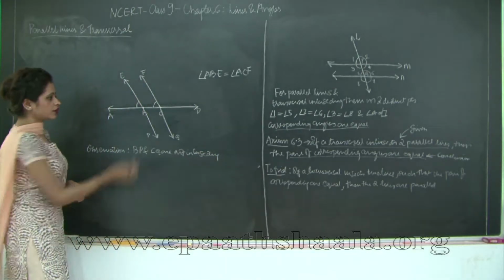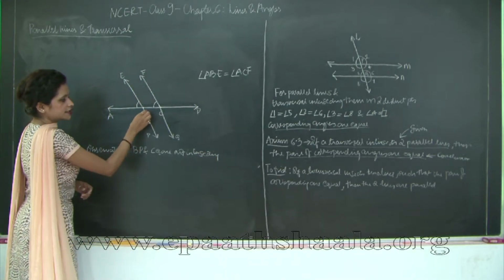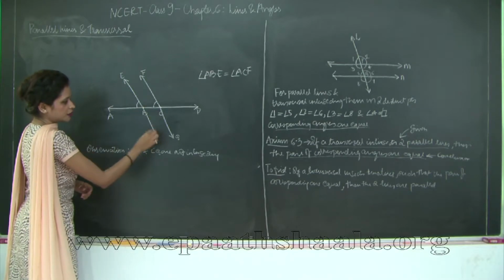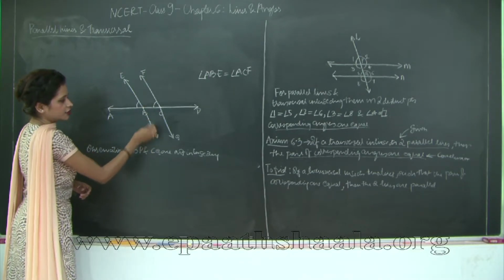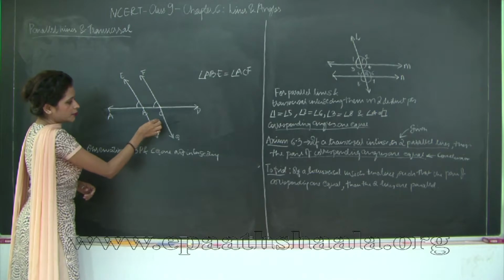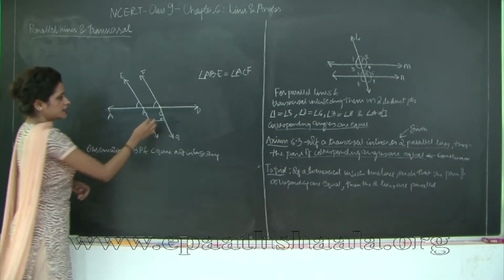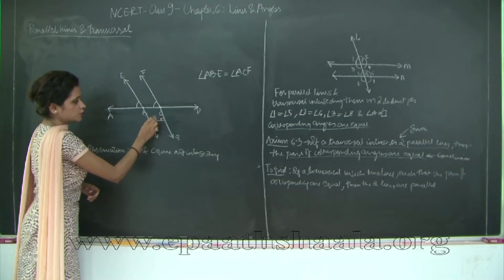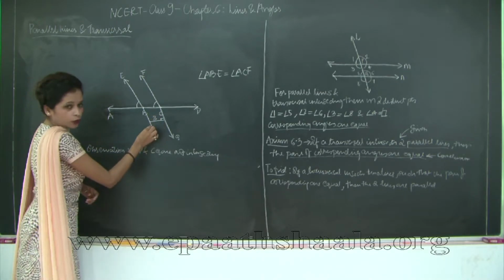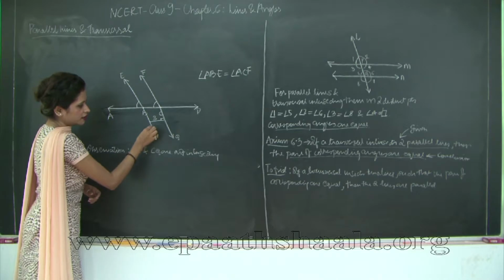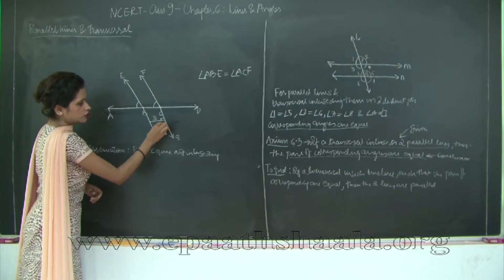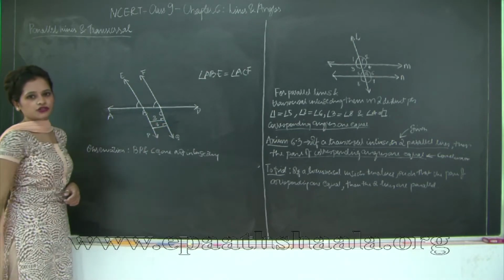Also, if you take a ruler and measure the perpendicular distance, just take a point on BP and mark a perpendicular on line CQ. Suppose this is 3 units. Take another point on BP and draw a perpendicular on CQ. You will notice that this is also 3 units.